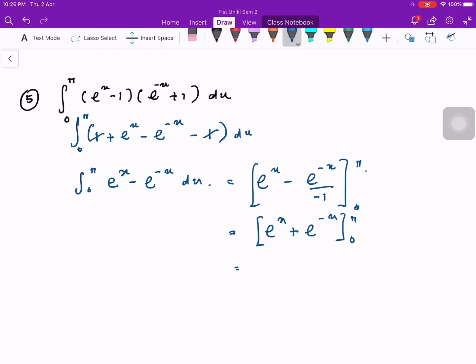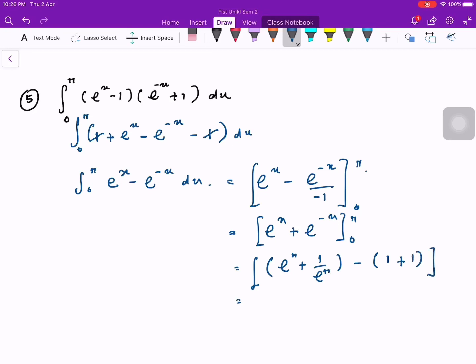Then kita substitutekan nilai pi accordingly, limits from pi and 0. So kita akan dapat, okay, e to the power of pi, okay, plus with e to the power of negative pi, so which is 1 over e to the power of pi, minus with e to the power of 0, which is 1, plus with 1 as well.